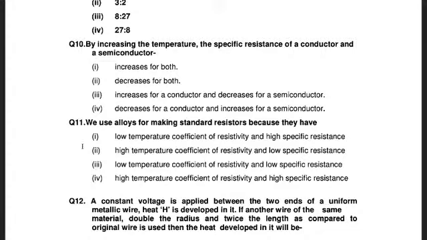Very good. The answer is option 1, low temperature coefficient of resistivity and high specific resistance.